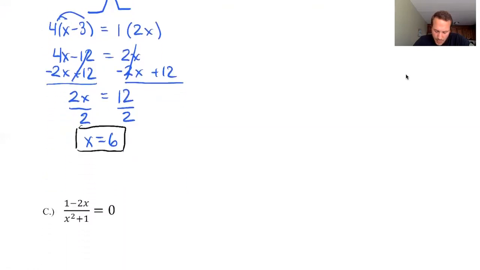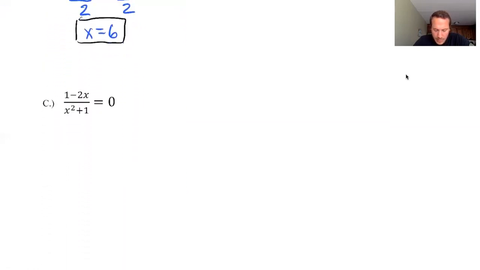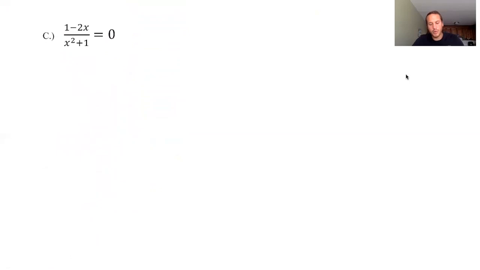I believe we've got one more problem over here. Now, this is another one where we're just going to want to solve by cross multiplying. But this is going to happen a fair amount of times.